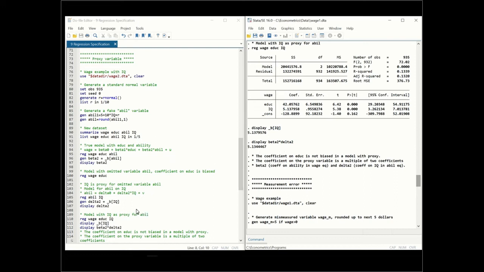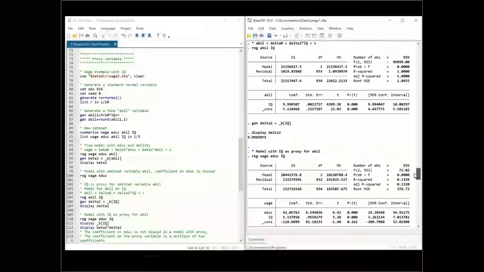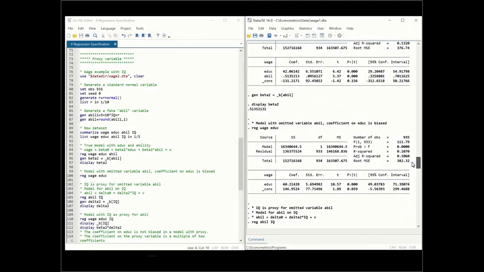Delta 2, if you recall, is the coefficient of IQ on ability. That was delta 2 here. So if we multiply these two coefficients, if you scroll back up, this beta 2 coefficient was equal to 0.51.